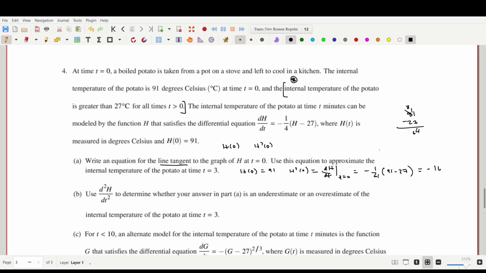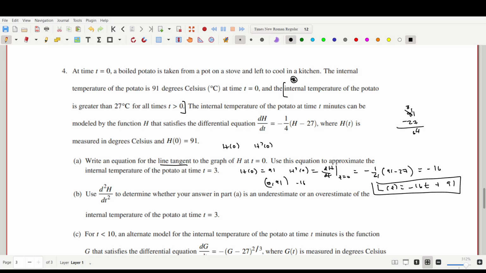So negative 16. And now you have a slope and a point, right? It goes through (0, 91), and it has slope negative 16. So you can just write out that L of t is negative 16 times t plus 91. Cool. That's the tangent line.